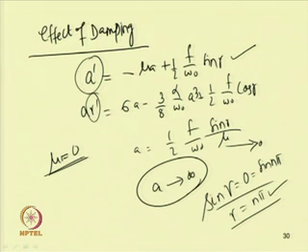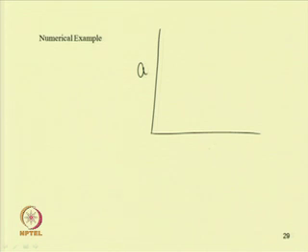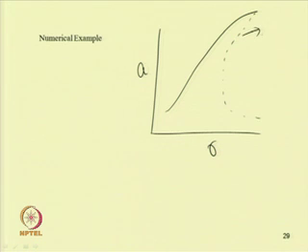In the undamped system we have seen the response is infinite, but in the presence of damping, let us take the same numerical values. If one plots A versus sigma, the response curve will look like this. This is for mu equal to 0.2.